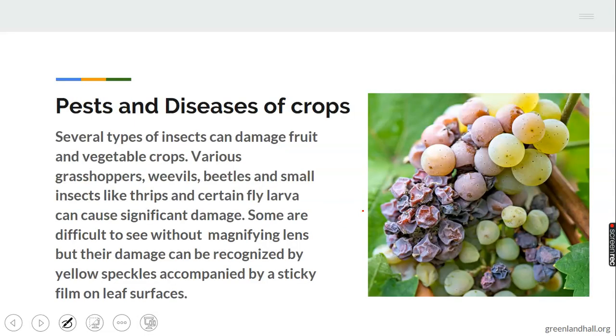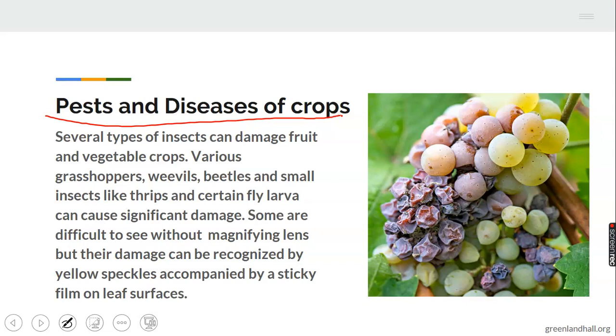Okay, so we come to pests and diseases of crops. Now look at this picture. Before we go further, we are looking at pests and diseases of crops. You can see this picture is showing grapes, but you see that the grapes are looking so bad.